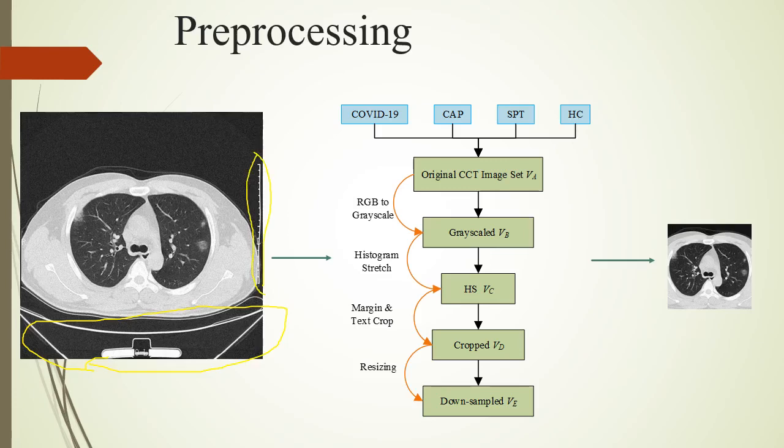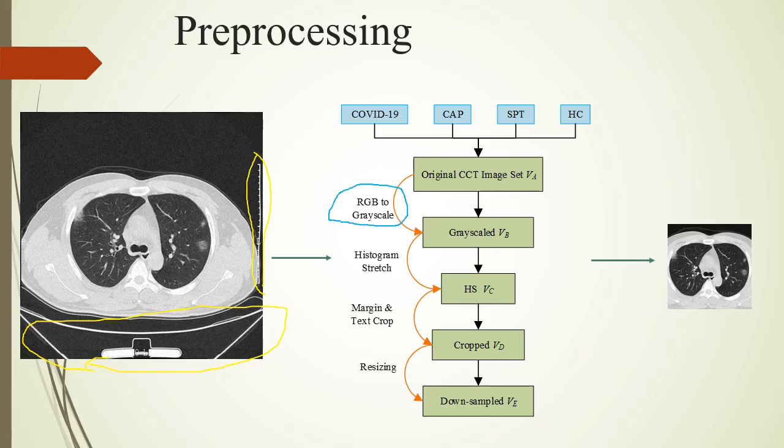Usually there is text like the hospital information and the patient information in the chest CT images, but here, for privacy, we chose an image with no text information. First, we transfer the RGB to grayscale.